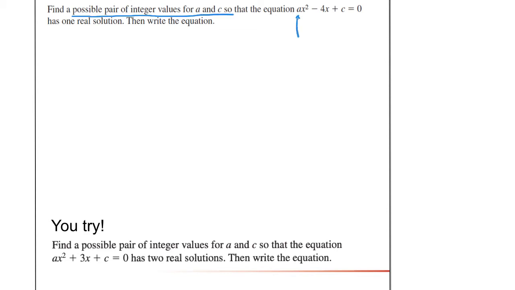So we're going to come up with a number for a and for c so that it only has one real solution. So for it to be one real solution, then we know that the discriminant has to equal 0. We know that b is a negative 4. So I'm going to just plug in a negative 4 for b.